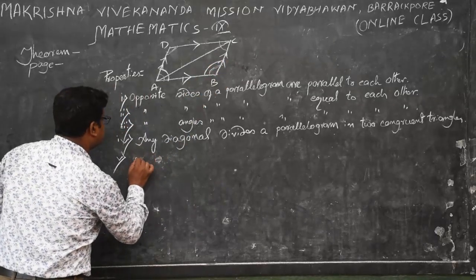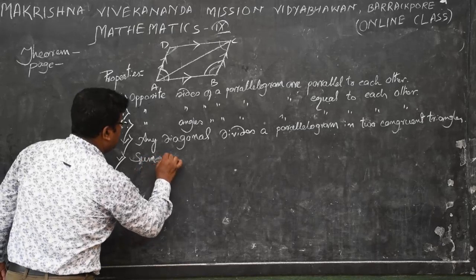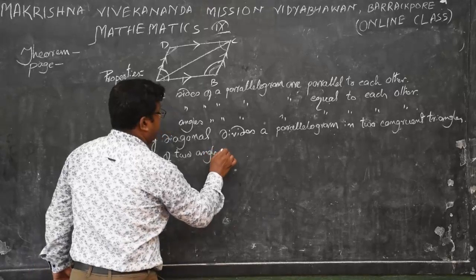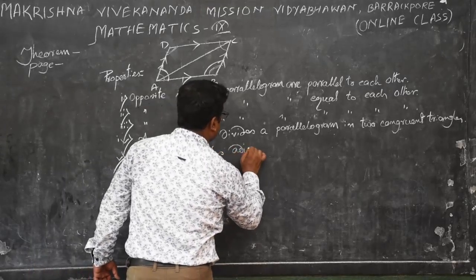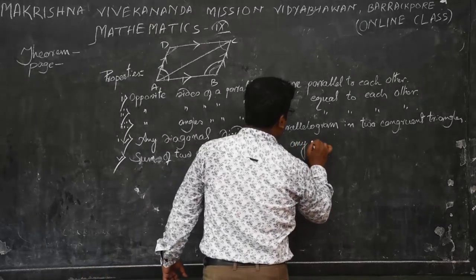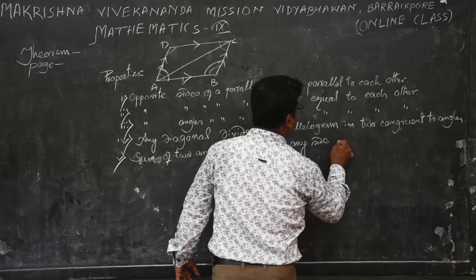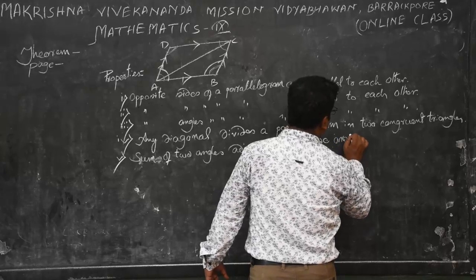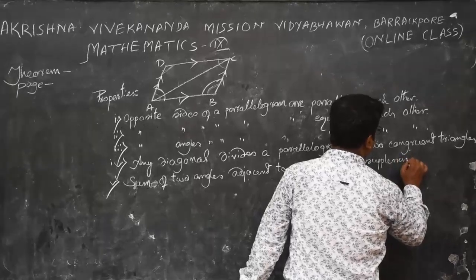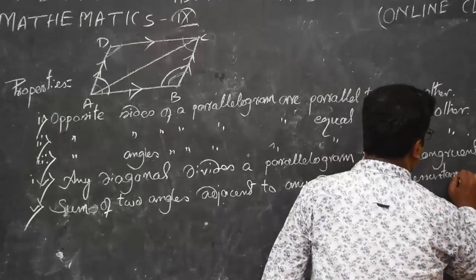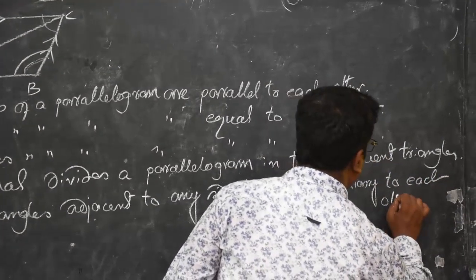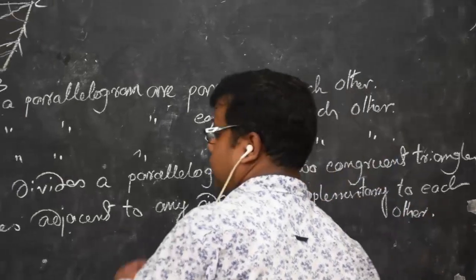So sum of two angles adjacent to any side are supplementary to each other. Okay.